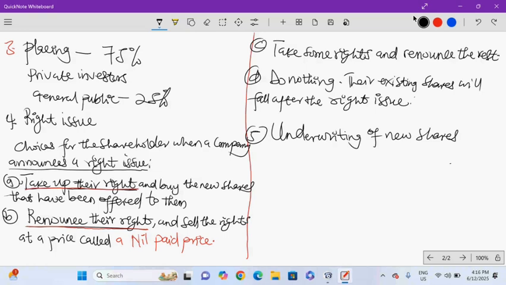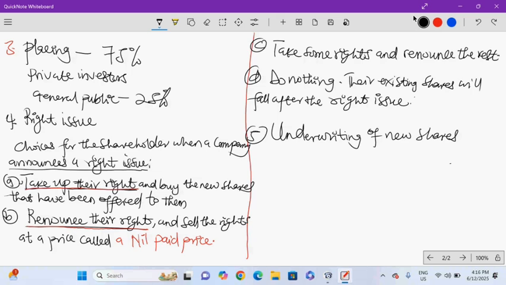So for the underwriting of new shares, usually some group of investors would come into an agreement that if the shares are not purchased by investors, they are willing to buy up to a certain amount, a maximum quantity of the shares at the issue price.